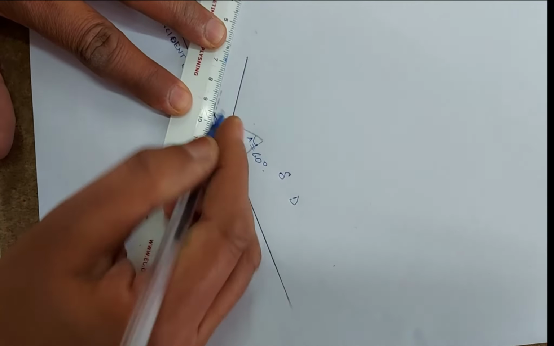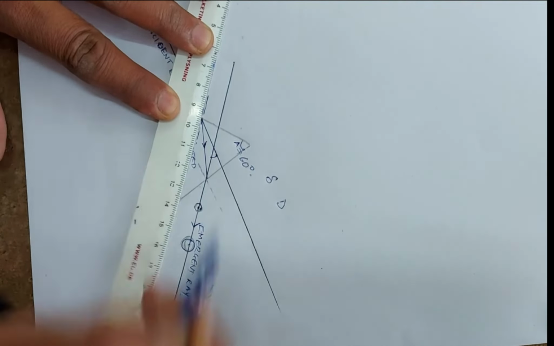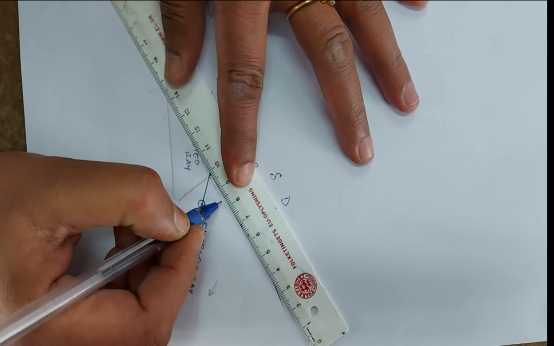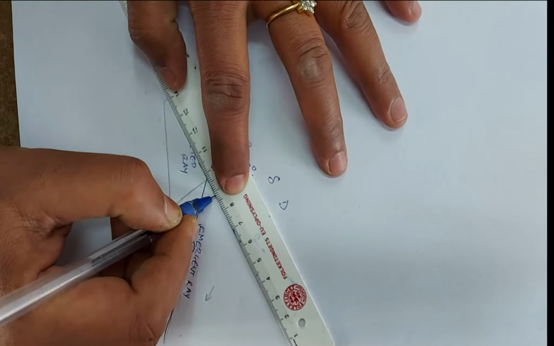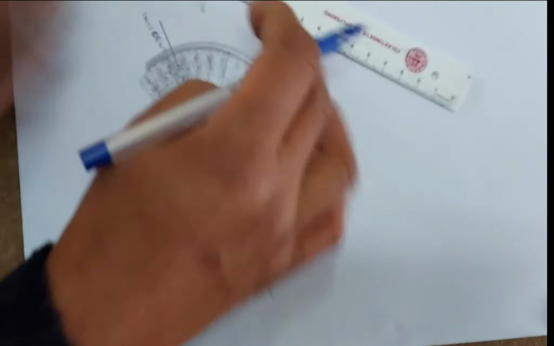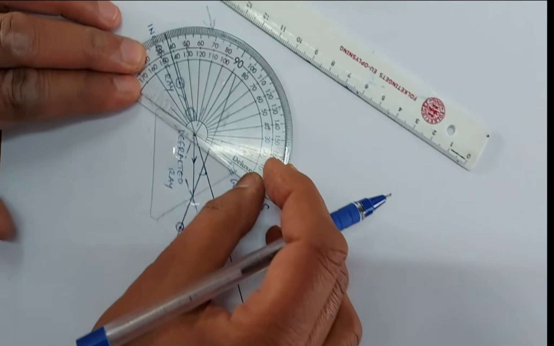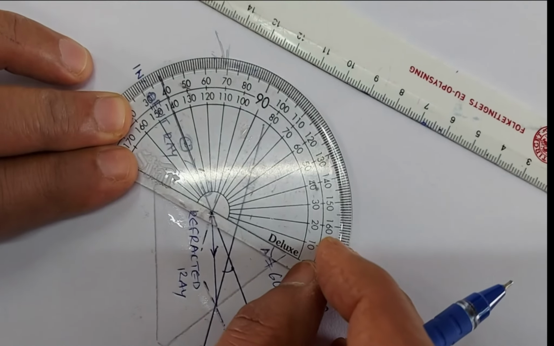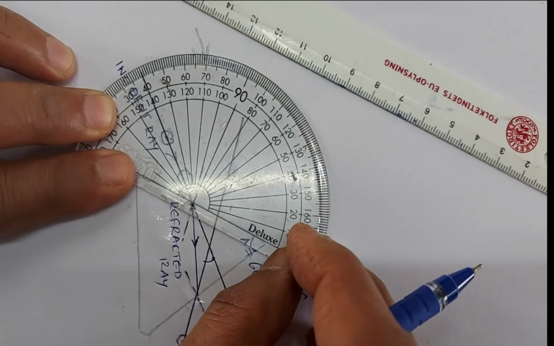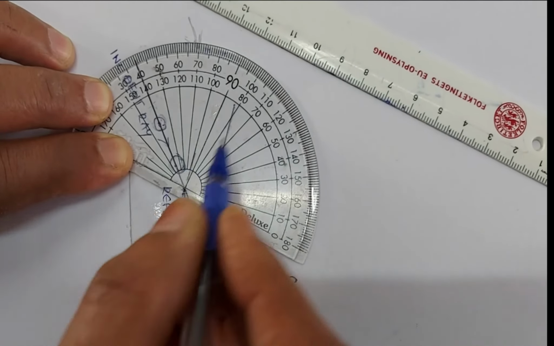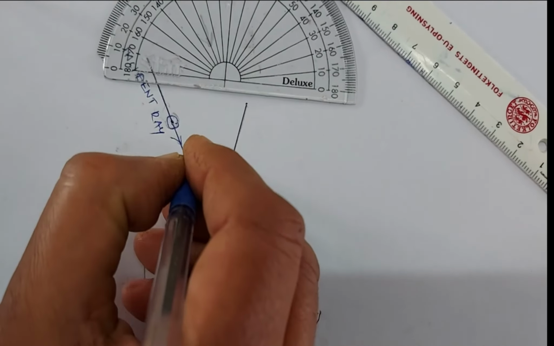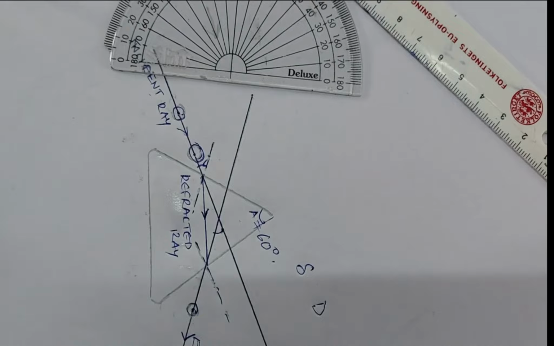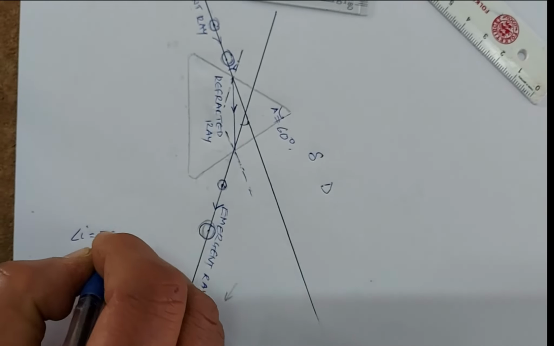Now we drop a normal here, and here also we drop a normal. A normal is at 90 degrees to the surface of the prism, and using a protractor we measure the various angles. This angle I am measuring: 10, 20, 30, 40, 50 degrees. So this is angle I. Angle I is equal to 50 degrees.